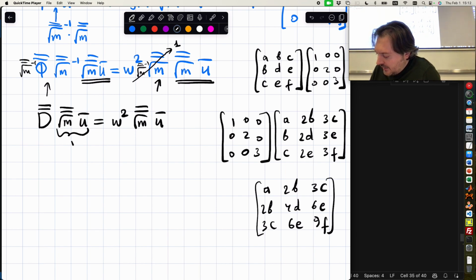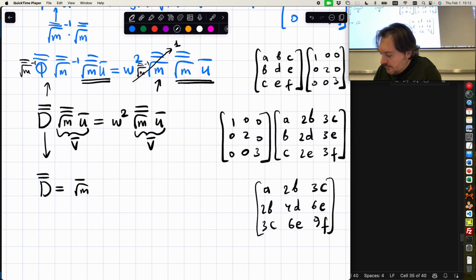So this is the vector, the eigenvector. These are going to be eigenvalues, and this dynamical matrix is square root m minus 1 times the force constant, square root m minus 1.